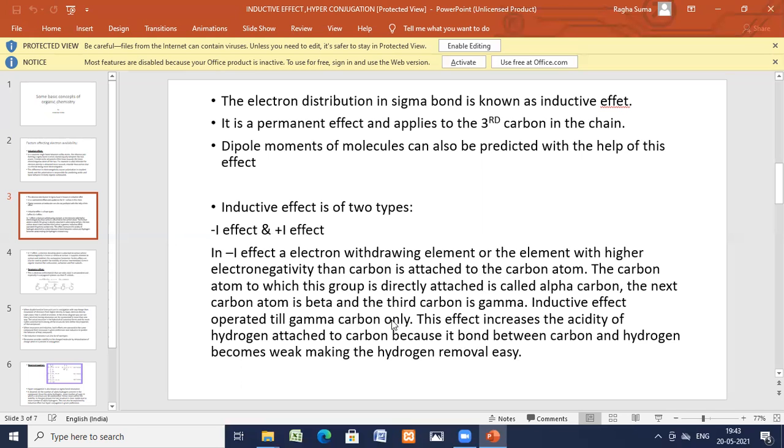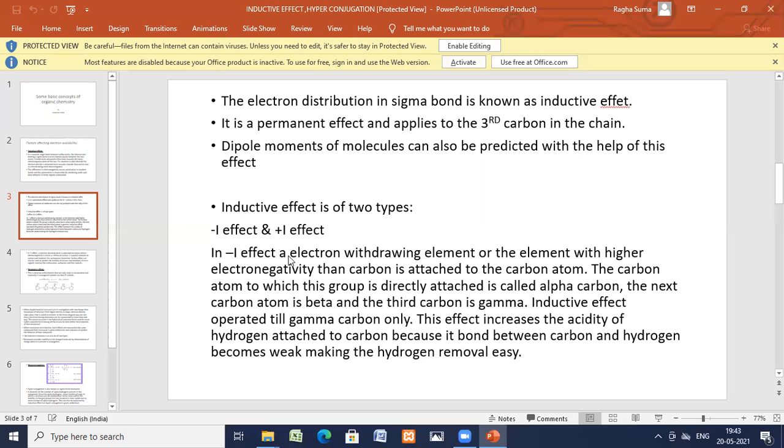Because the bond between the carbon and the hydrogen becomes weak, and the hydrogen removal becomes easy. Hydrogen is more positive than carbon. It becomes weaker and hydrogen is lost. Once the H plus ion is lost, that is the acidity.